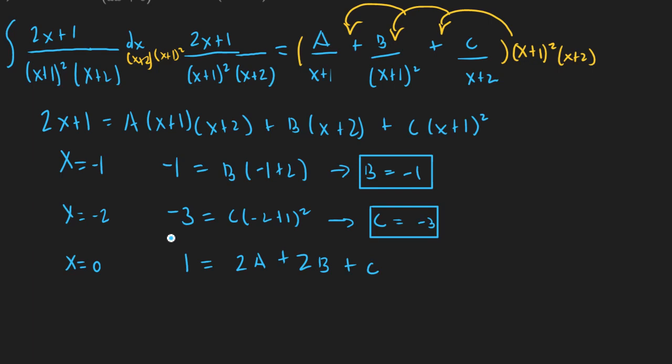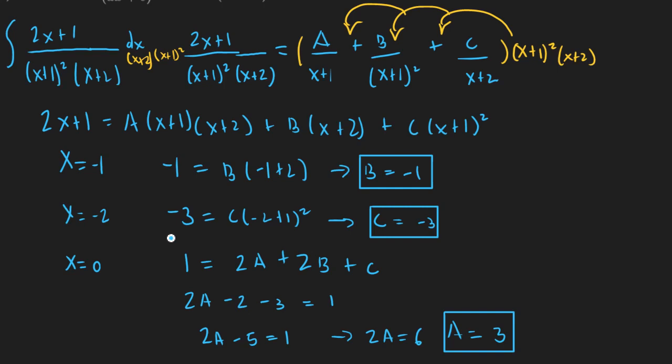But we already know b and c, so 2a minus 2 minus 3 equals 1, which gives us 2a minus 5 equals 1. That tells you that 2a equals 6, which means a equals 3.